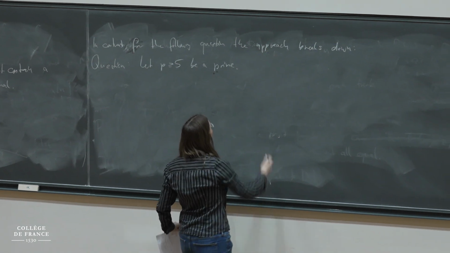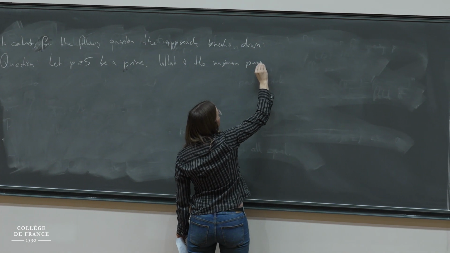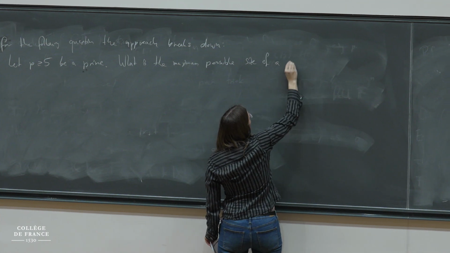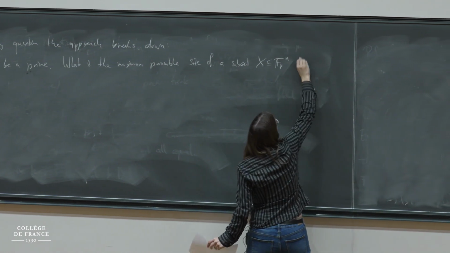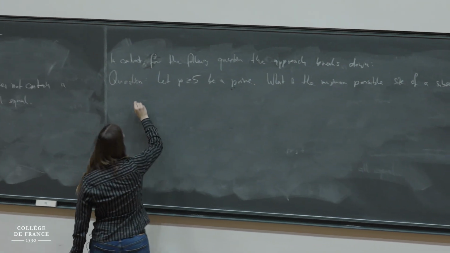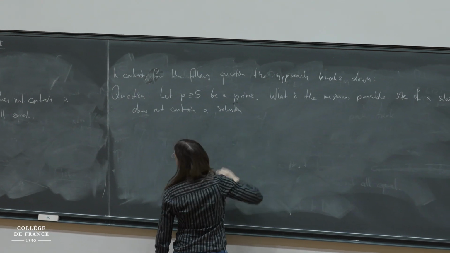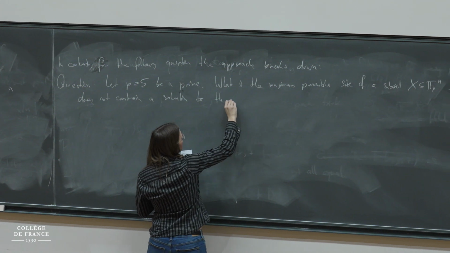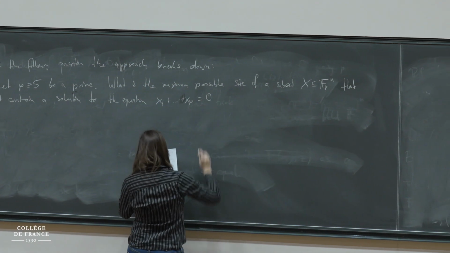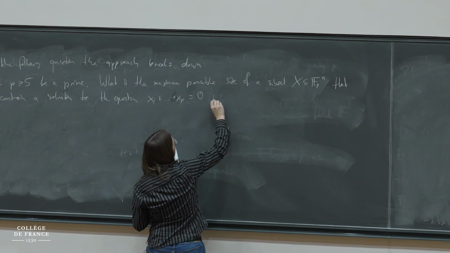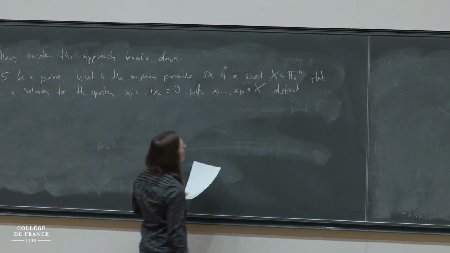And so the question is now, what is the maximum possible size of a subset X in F_p^n that does not contain a solution to the same equation, x1 plus ... plus xp equals 0, with x1 to xp in X. But the only difference is I want x1 to xp to be distinct.